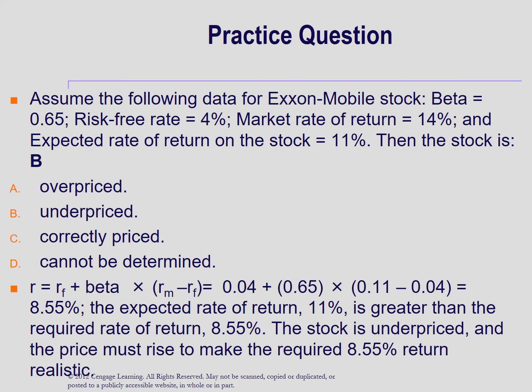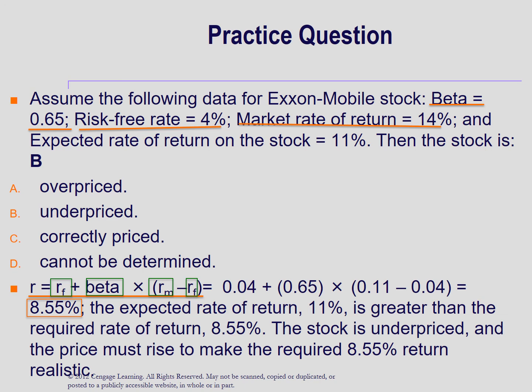We first calculate the required rate of return for ExxonMobil in equilibrium based on security market line. We have risk-free rate equal to 4%, beta equal to 0.65, market rate of return equal to 14%. We obtain the required rate of return for ExxonMobil in equilibrium equal to 8.55%.